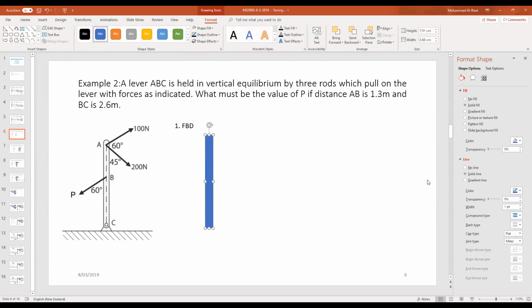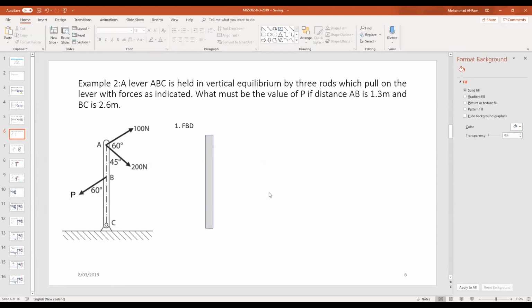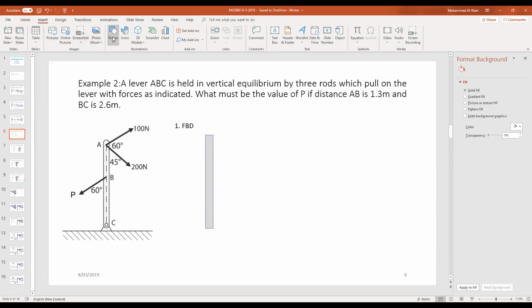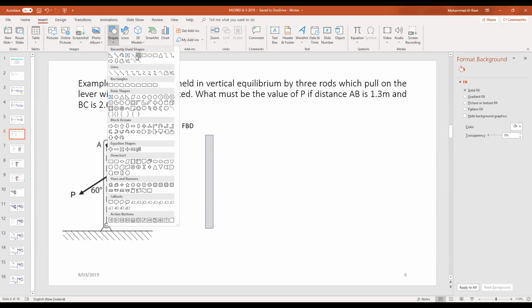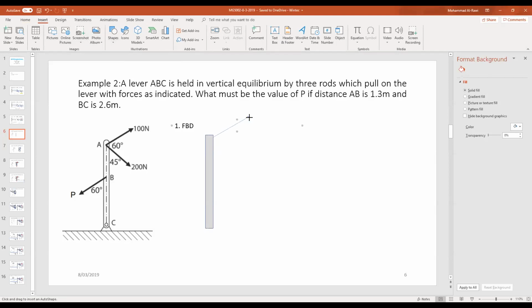I'll change the color to make it easy for us to see, and then we will try to explain what will be next. How can we show the forces? So we bring first just arrows to show the forces here.